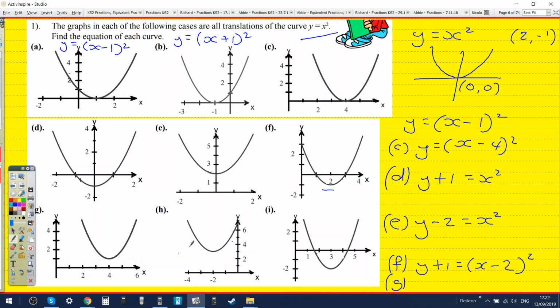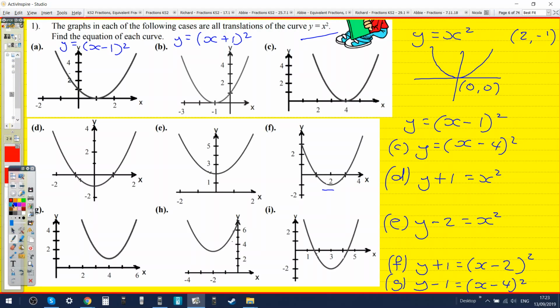We'll see it after we do these. So for g, y plus 1. It went up by 1, and so you want the opposite of up by 1. Okay, y minus 1 equals x minus 4 squared. Brilliant.